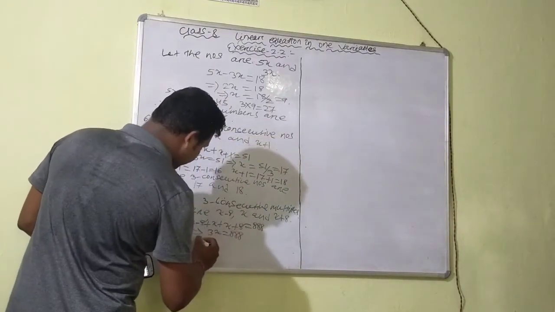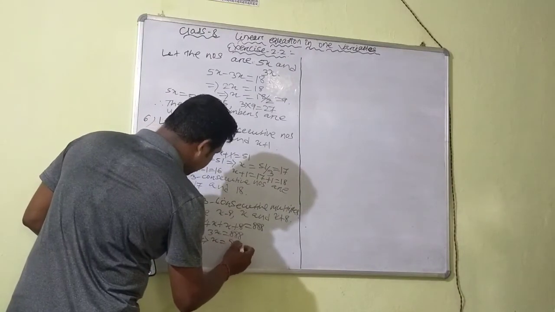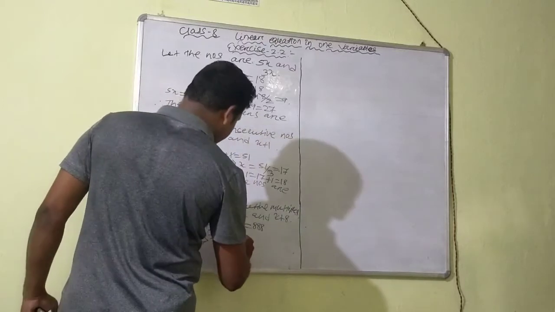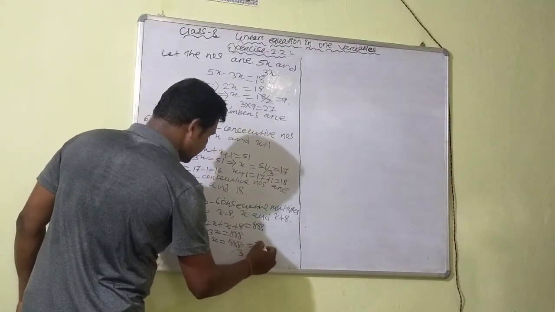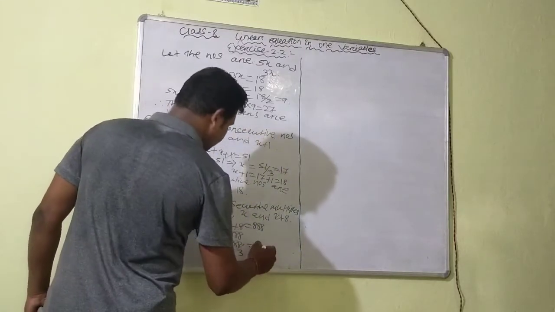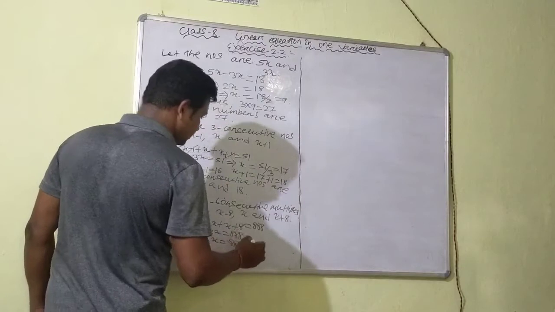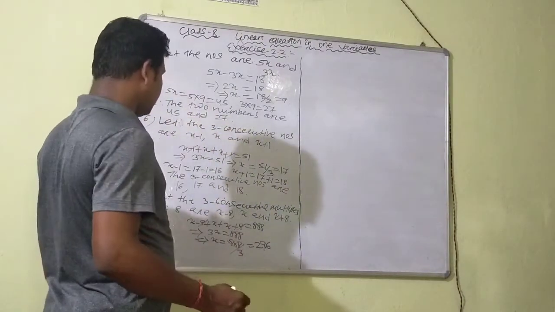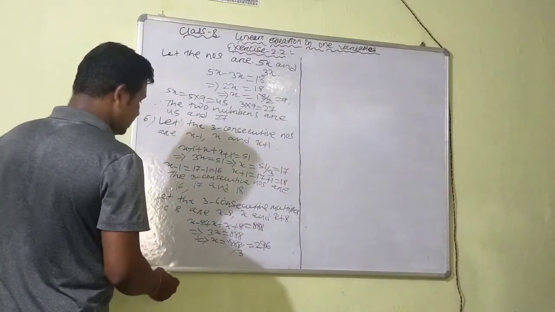So now, next step, we will write x equal to 888 by 3. We will divide it by 3 and simplify. We will get x is 296.